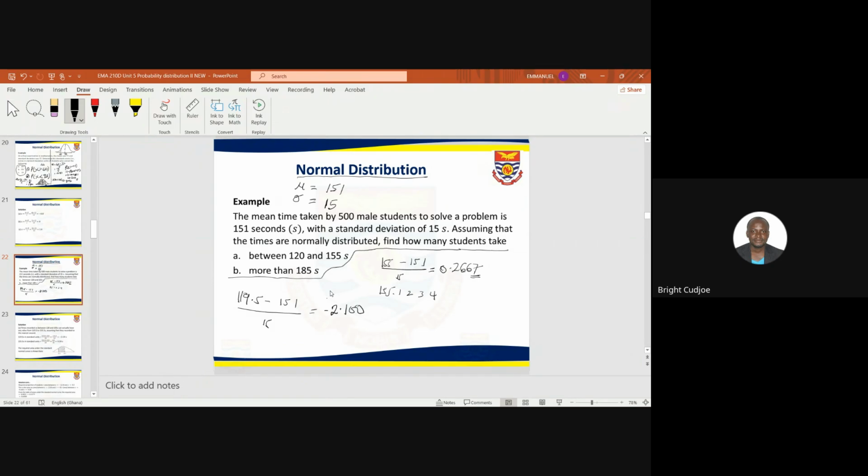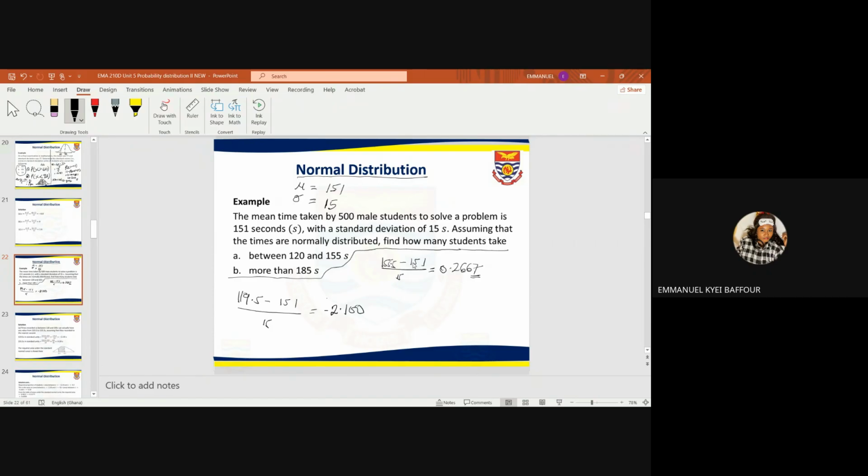Yes. So we will only not consider this if it is from 0.5 upwards, right? So it means we are going to consider from 155 to 155.5.